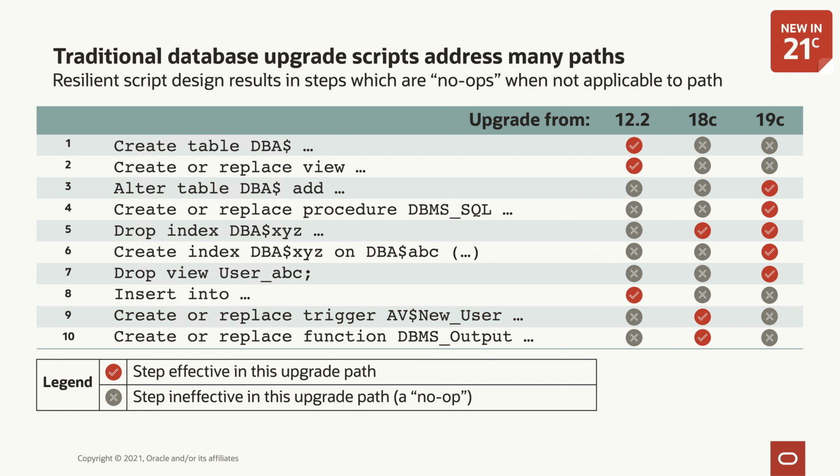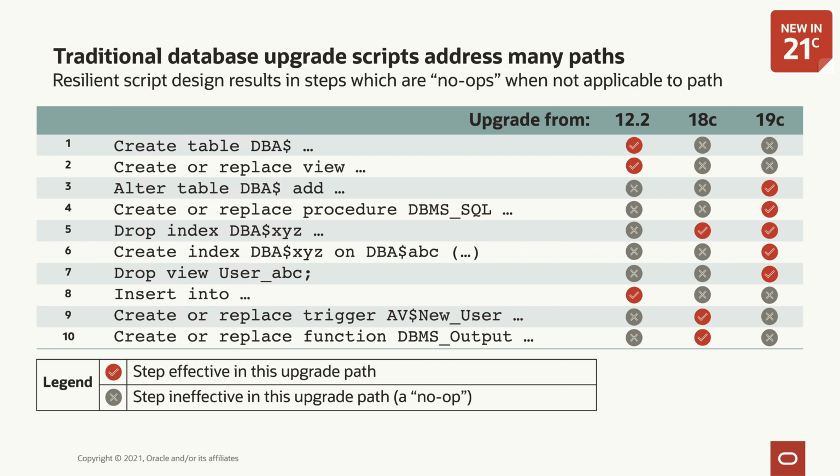This slide shows a simplified view of this. The first two columns of the table show, for purposes of illustration, the sort of steps that might be involved in a typical upgrade. Across the top, in the grey bar, we see various upgrade paths, versions from which upgrades to 21C are supported. The last three columns show, with check marks or X's, whether each step applies to an upgrade from that version.